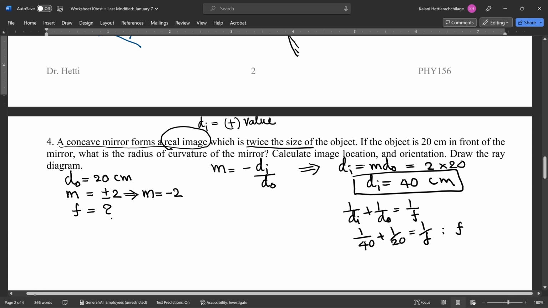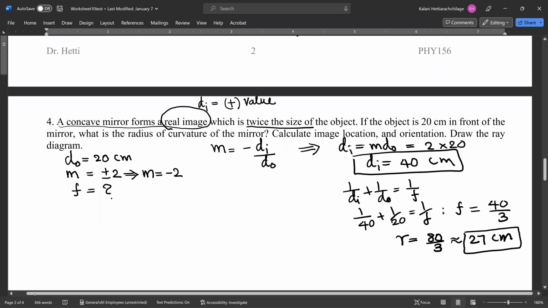F will be equal to 40 over 3 centimeters. That means the radius will be equal to twice F, right? So that means 80 over 3. I'm going to write around 27 centimeters. That is the radius.